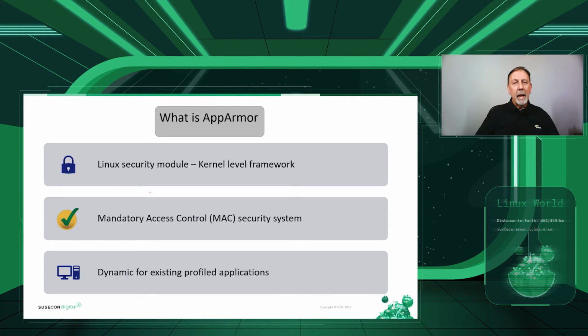So this allows you to plug directly into an existing infrastructure. And it is considered a mandatory access control security system as opposed to a discretionary access control security system.